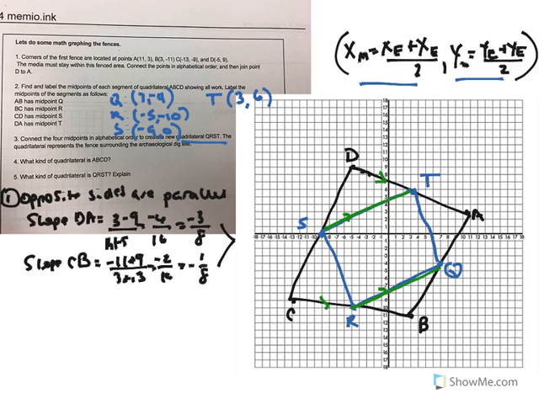These slopes are not the same, therefore opposite sides are not parallel, therefore ABCD is not a parallelogram and is just a quadrilateral. So I write ABCD is just a quadrilateral. And I'm going to write that again up here so the person grading my paper knows exactly what I am talking about.